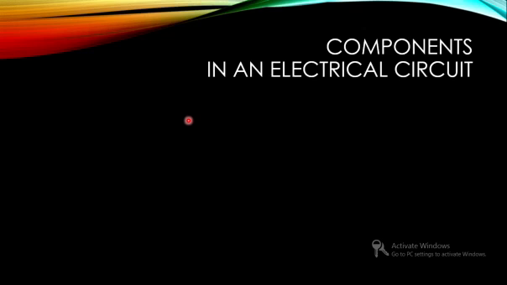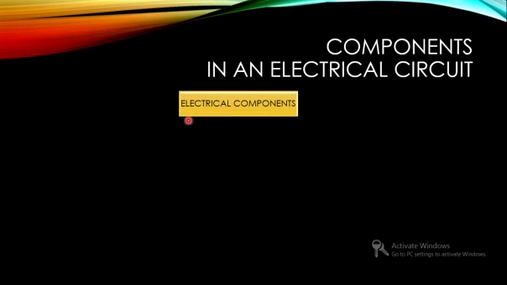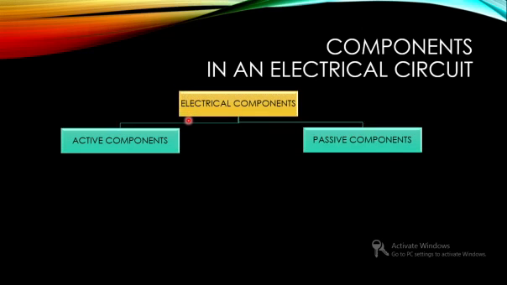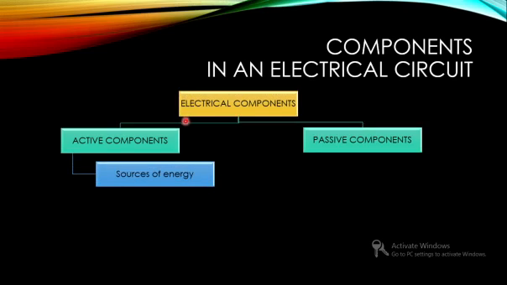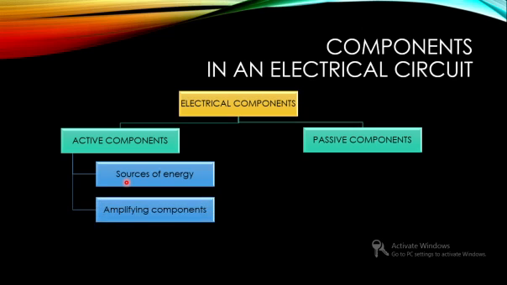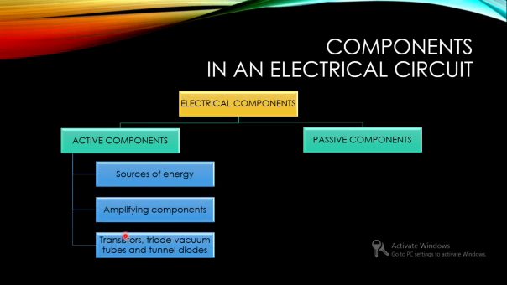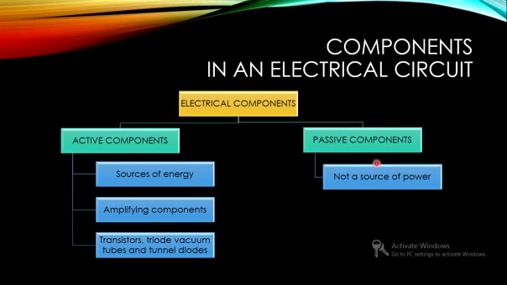So in that sense, you can define the active components as those which can act as sources of energy. They have amplifying components like transistors, triode vacuum tubes, tunnel diodes and so on. While passive components are not a source of power.